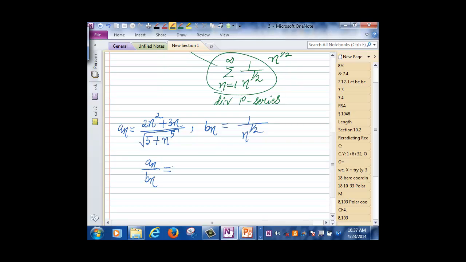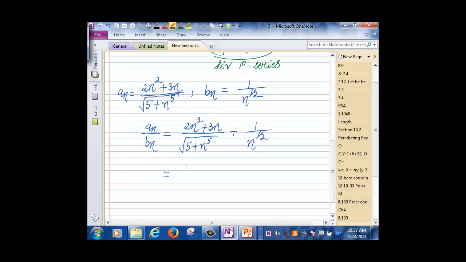And if I take the ratio of a_n and b_n, what do I have? I have 2n squared plus 3n divided by 5 plus n to the 5, square root, divided by 1 over n to the half.